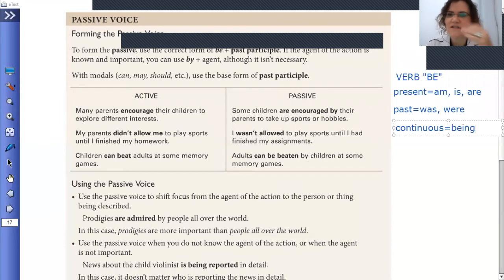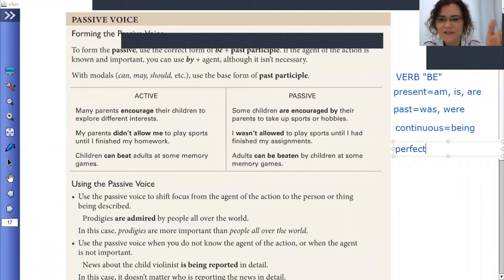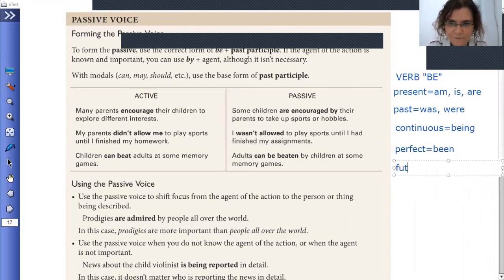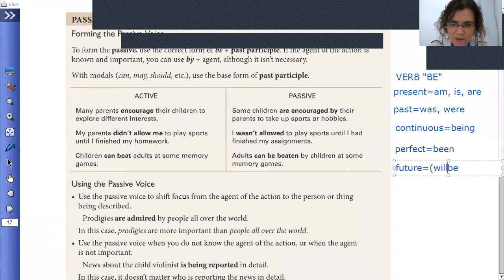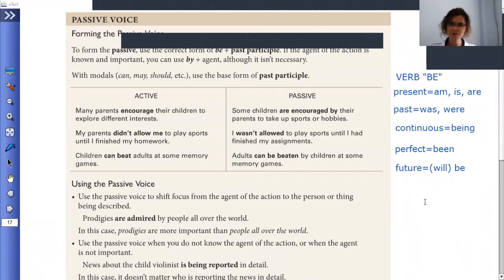So that can be the present continuous and the past continuous. When we're talking about the perfect tense, which can be the past perfect but also the present perfect, then it will be been. And when we're talking about the future tense, then the verb be is be, remembering that you add will. So the verb be has different forms: am, is, are, was, were, being, been, and will be.